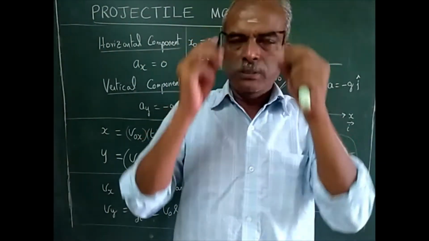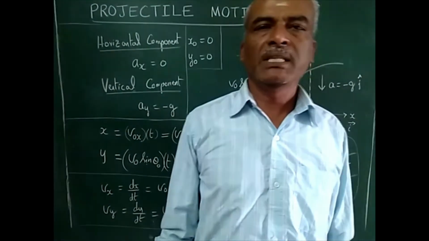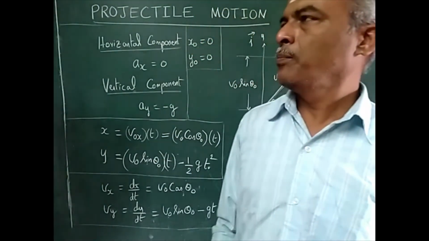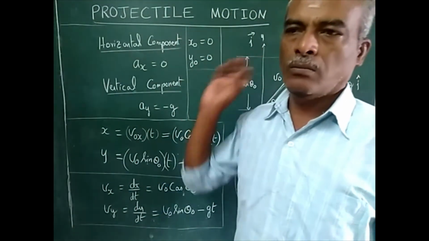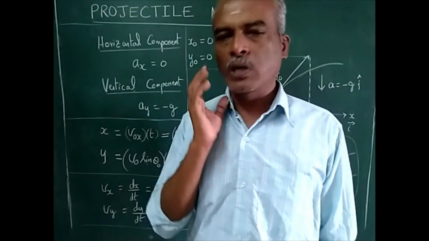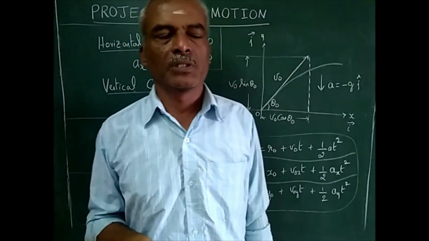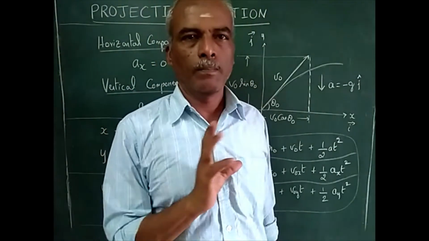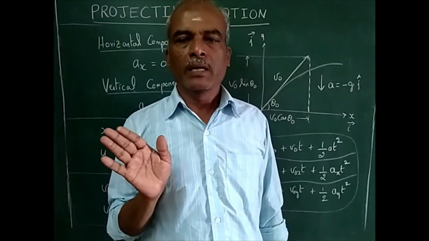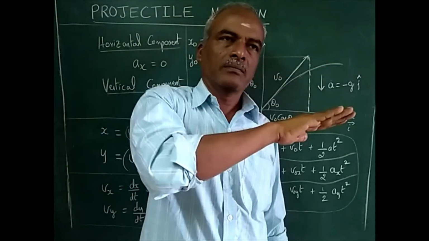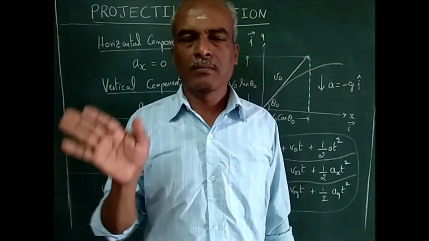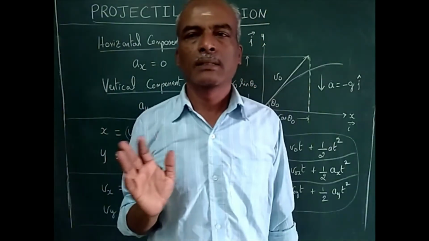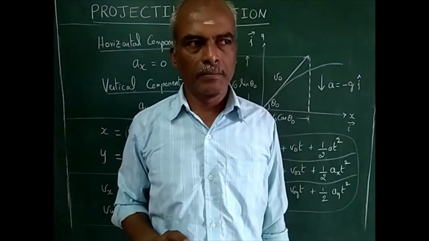Hello viewers, today we are going to see about an important topic, projectile motion. So what is projectile motion? Suppose we throw a ball, it travels in a roughly parabolic path and reaches the other end.